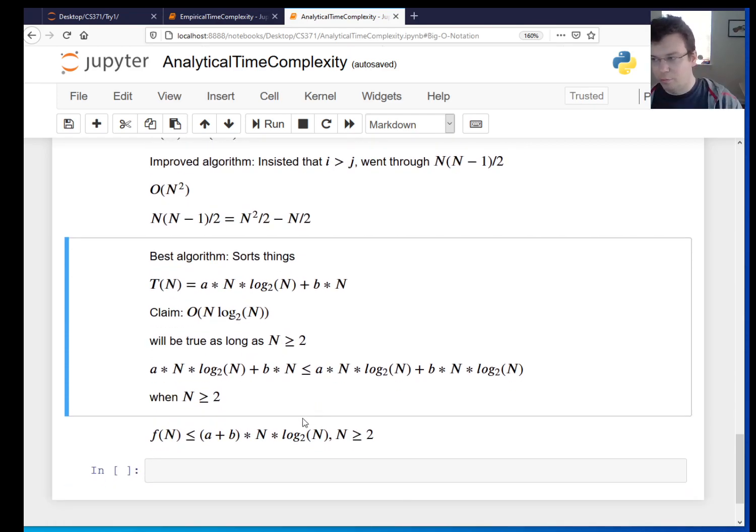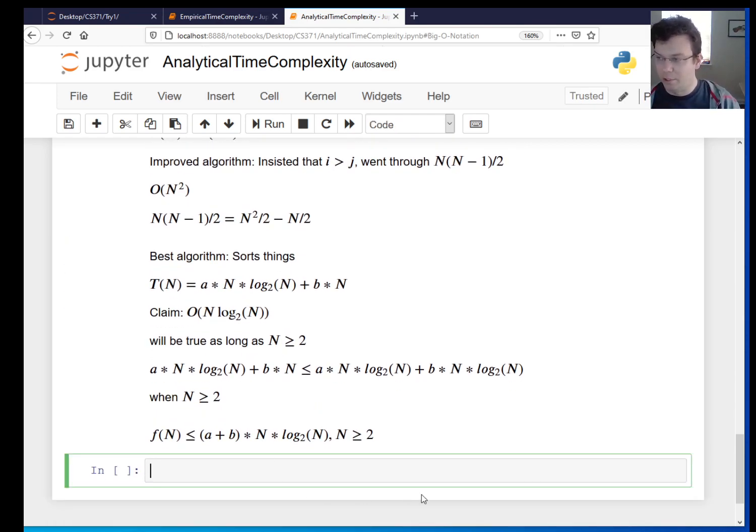I also just wanted to point out that the base of the logarithm doesn't matter because if I tried to prove log base 10 of n instead, there's this rule of logarithms that log base a of n is equal to log base b of n over log base b of a.